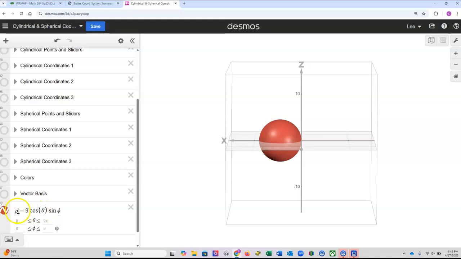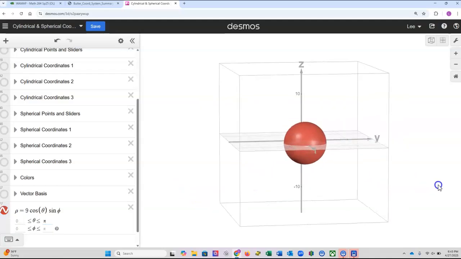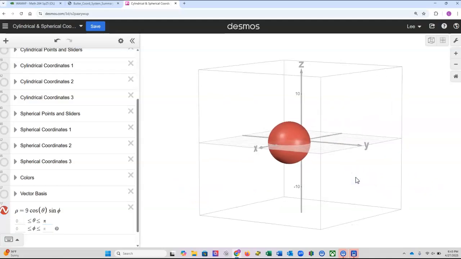This is going to be subject to theta 0 to 2 pi, phi 0 to pi. Those are pretty typical ranges, so usually you're not going to have to mess with those unless you only want a slice of what's going on. Then you can change it. If I only want theta to go 0 to pi, well, in this case that's still most of the surface.